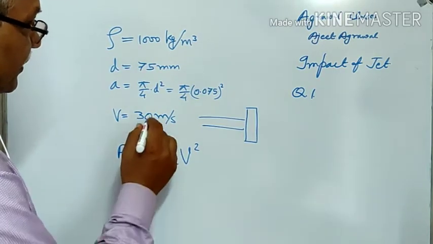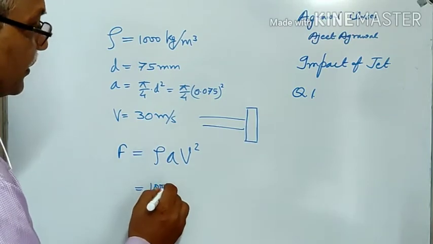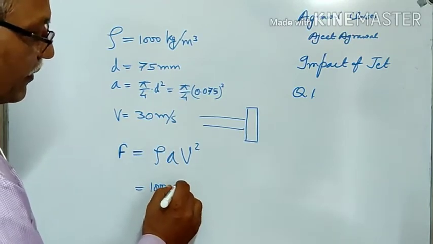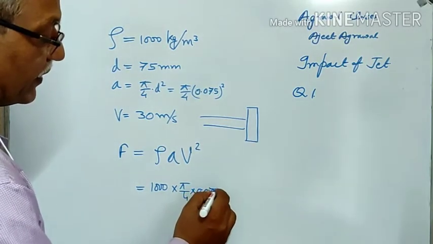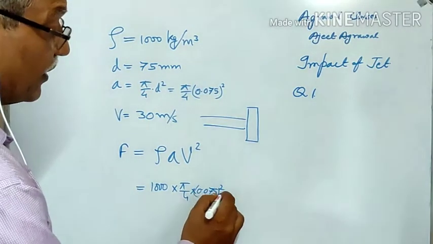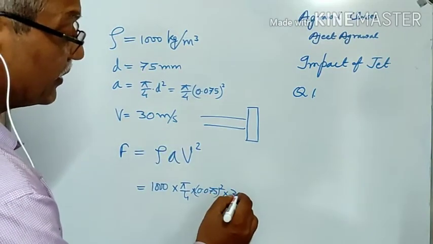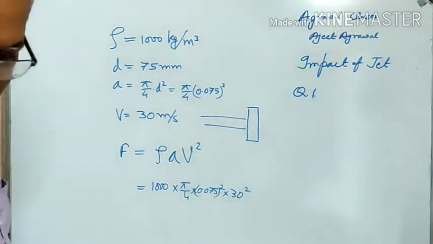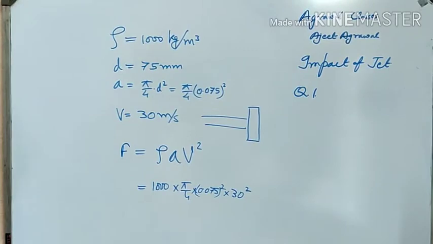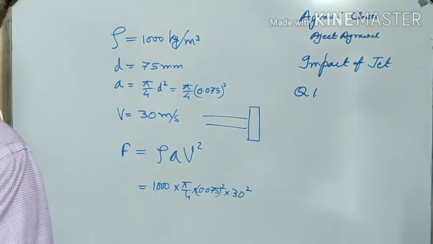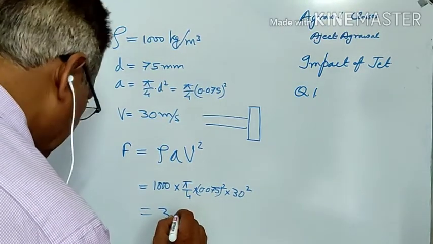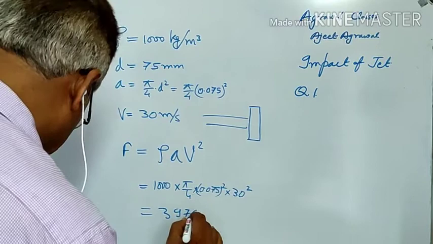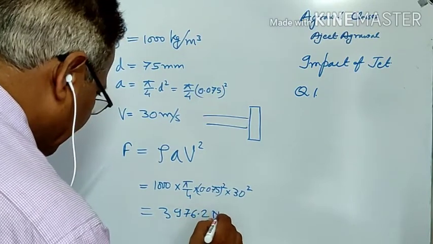So substituting the values, 1000 multiplied by pi by 4 into 0.075 square multiplied by velocity 30 square, the result comes out to be 3976.2 Newton.